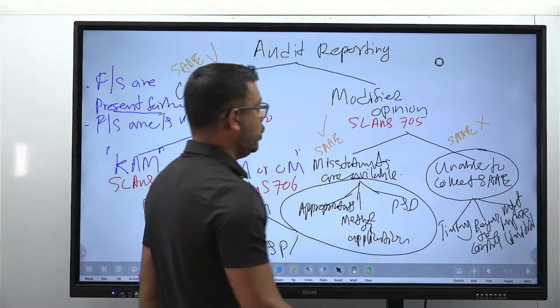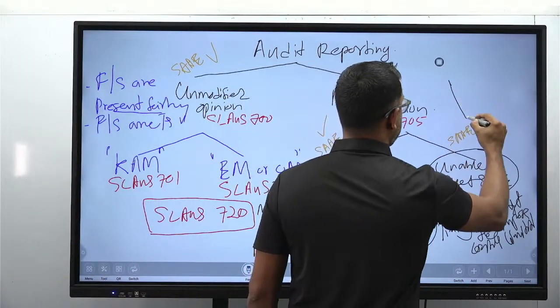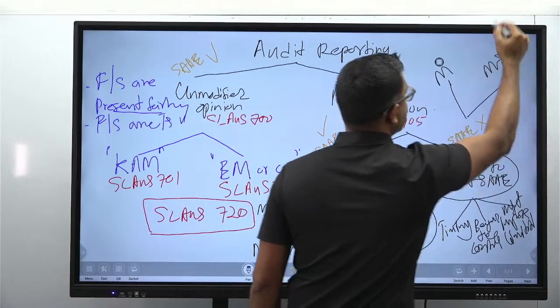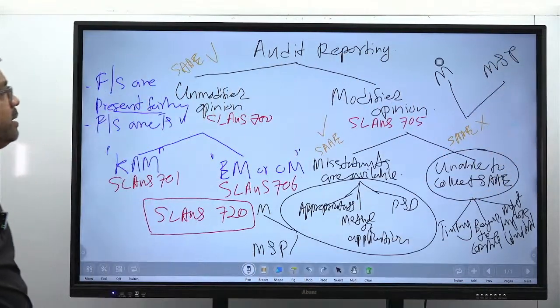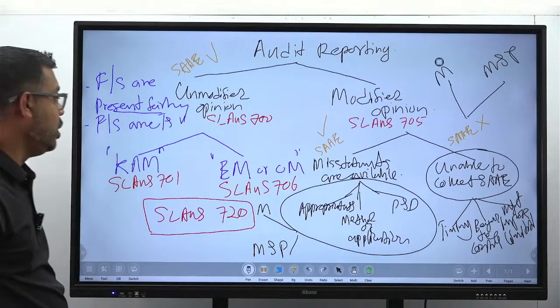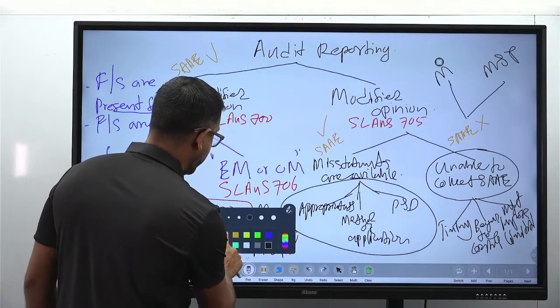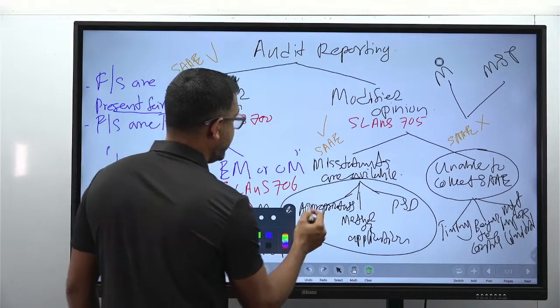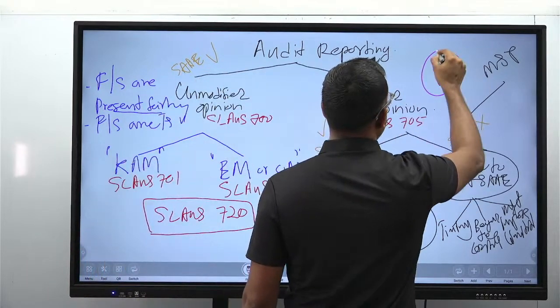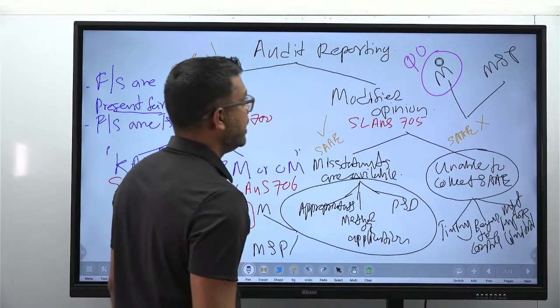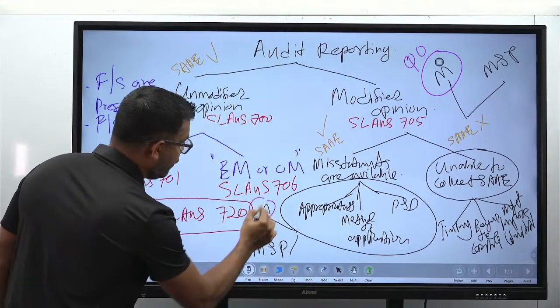This particular issue also can be, again, material or material and pervasive. If something is material, then your opinion is a qualified opinion, right? Here also it's a qualified opinion.